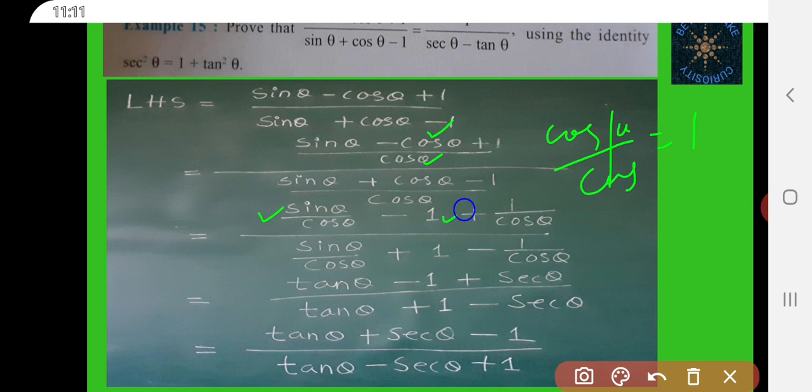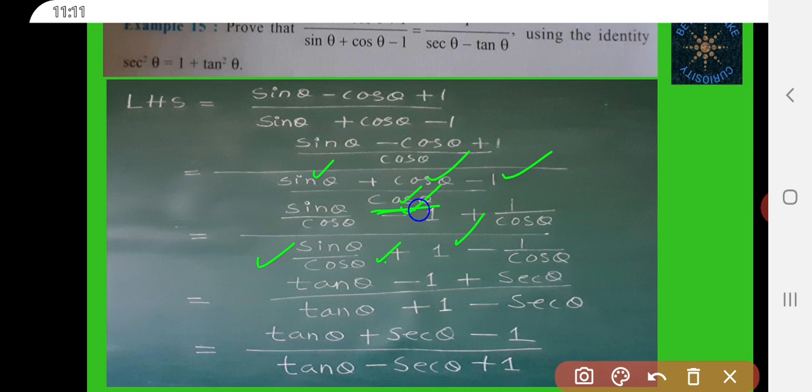So you write 1, and 1 by cos theta. Here in the denominator, sin theta by cos theta plus cos theta by cos theta equals 1, minus 1 by cos theta.